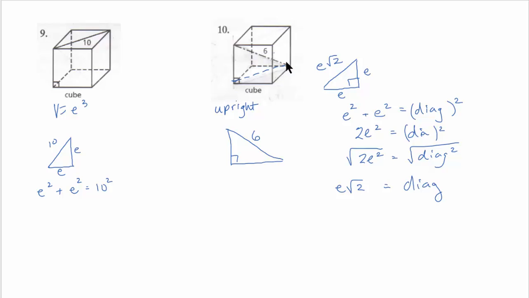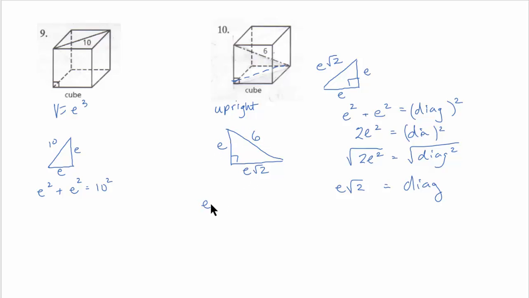But that diagonal right there is the bottom of this upright triangle. It's this diagonal right here. So I can say that that's the edge times the square root of 2. My upright here is edge. And now I can use this Pythagorean theorem to find what the edge is.